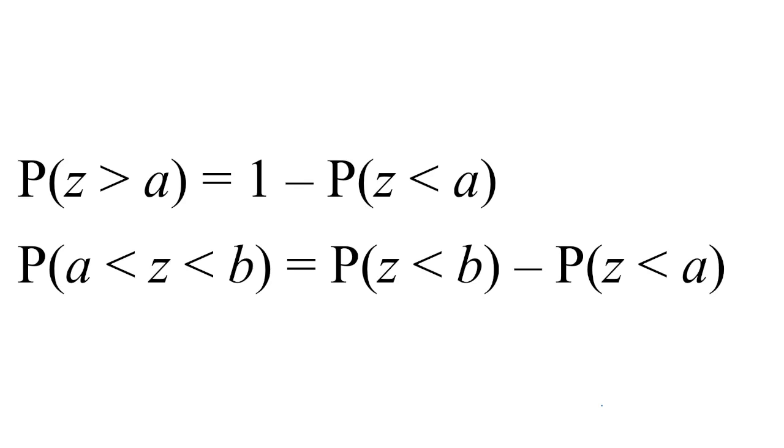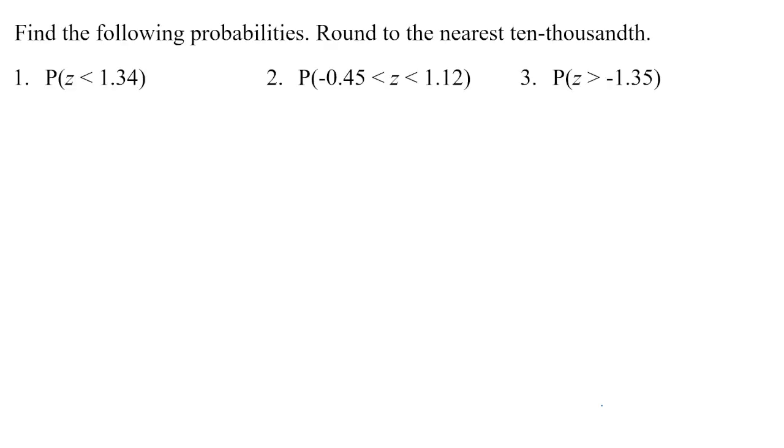So with that being said, let's look at some examples. Let's say you're asked to find the following probabilities. Round to the nearest ten-thousandth. Number 1: you're looking for the probability that the z-score is less than 1.34.